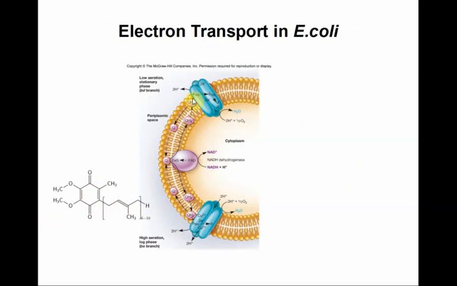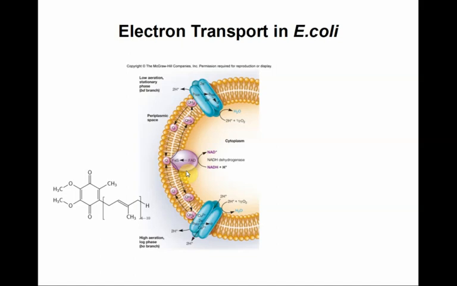QH2, and then it will interact with a cytochrome oxidase complex, which is going to transfer the electrons to cytochromes in here, and then they'll get shuttled down and then finally transferred onto oxygen to give you water.